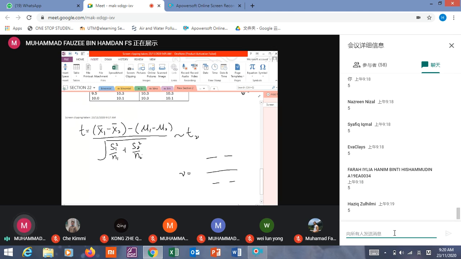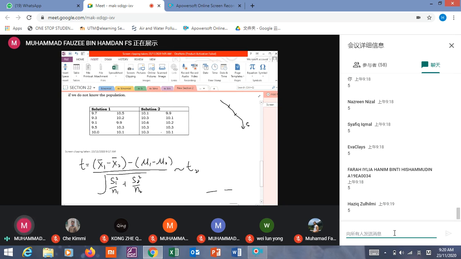But in this case, what I want to highlight is, can you remember your skill to key in the data in your calculator to get x bar and s? You already calculated the x bar before this, because you add all the data values and then divide with n, divide with 10.